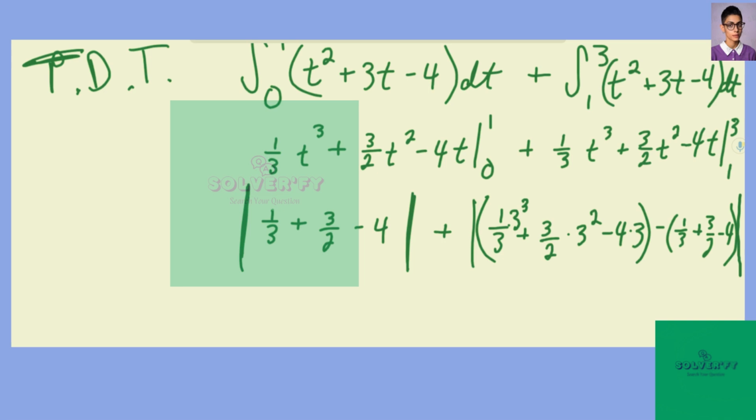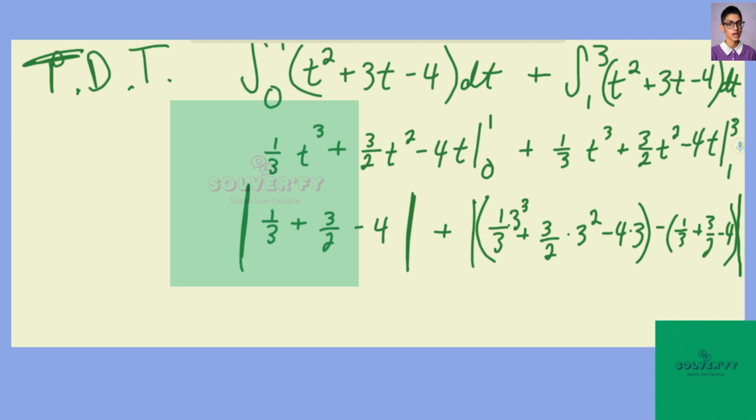Let's see, absolute value of that. And then 3 squared plus 3 cubed divided by 2 minus... I'm using a calculator and I'm struggling right now.